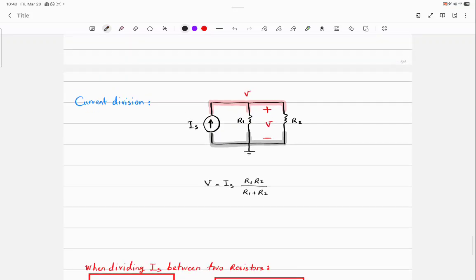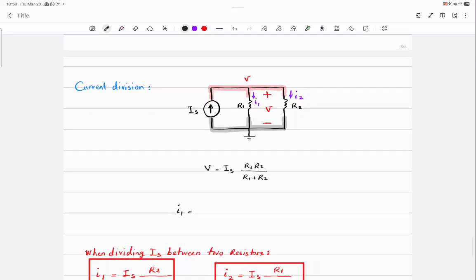Now, I want you to tell me what is I1 and what is I2. Who was next? What is I1? I1 is V over R. V over? Use the red box.